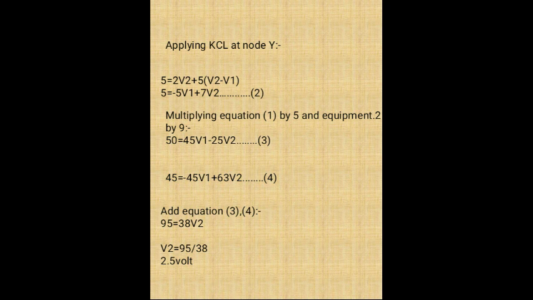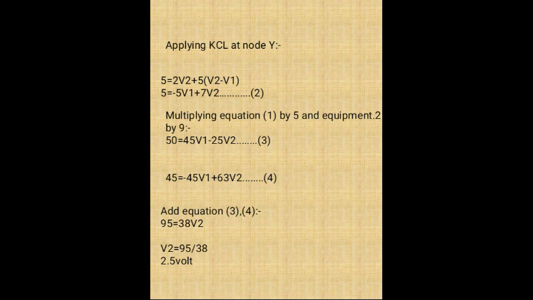In the given two equations, there are two unknowns, V1 and V2. To find the values of V1 and V2, we will solve these two equations. Multiplying equation 1 by 5 and equation 2 by 9.